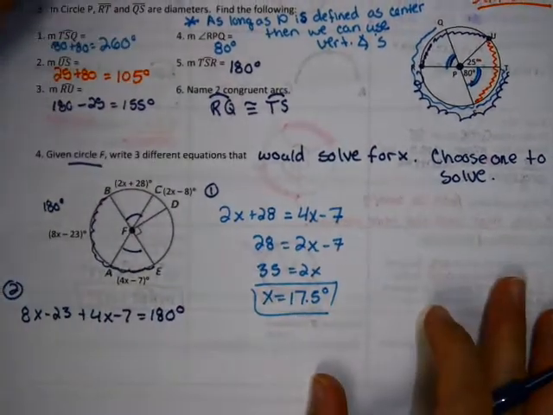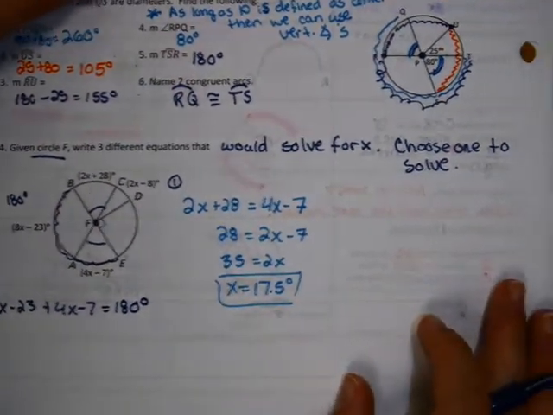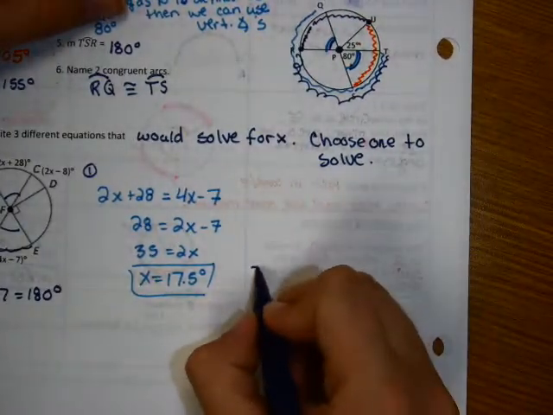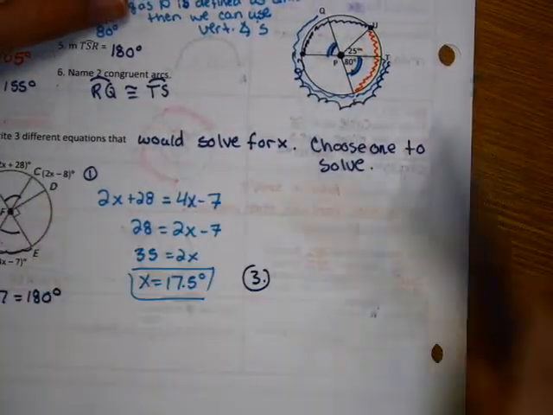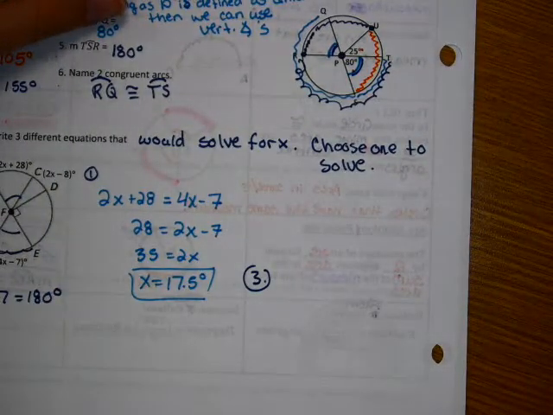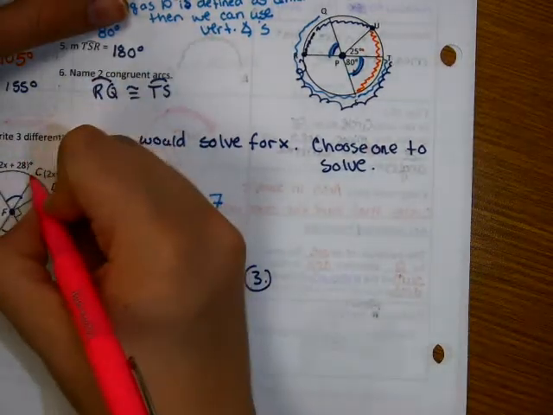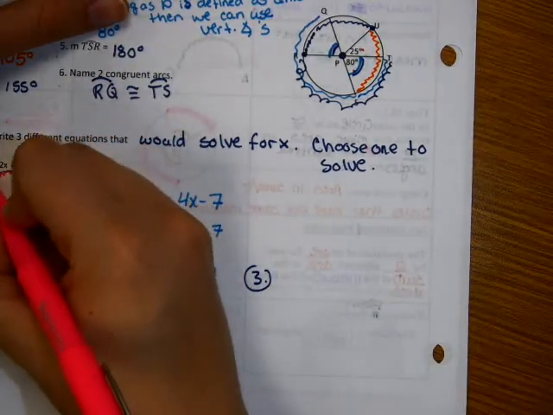Or we have option number 3, which means I have another semicircle on here, from here to here.